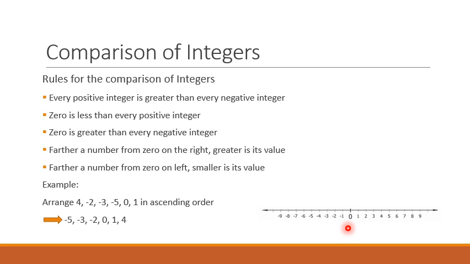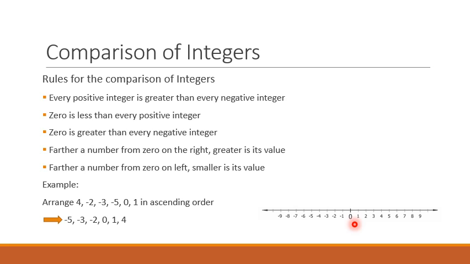Then 0 is towards the right of the negative integers. So 0 is always greater than every negative integer. If I say minus 2 and 0, then 0 will be greater than minus 2. For that matter, if I write minus 100, then 0 is greater than minus 100.